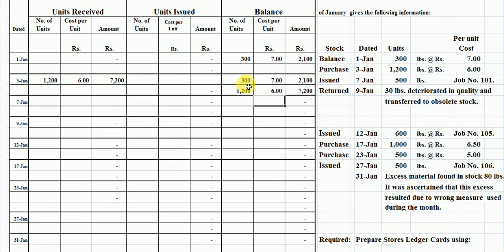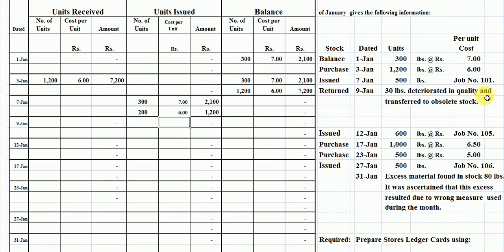Now first we take this material, 300 pounds, from the opening inventory here, the rate is 7 per pound. The remaining balance is 200 because the total issued material is 500 pounds. Now we take 200 pounds of material from the second purchase. The rate is 6 per pound here.